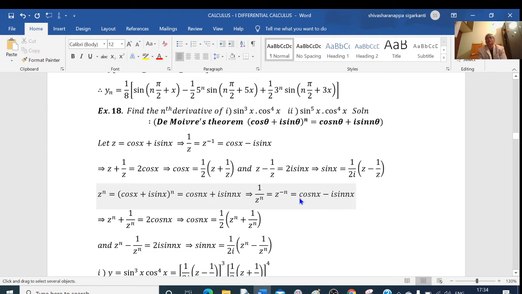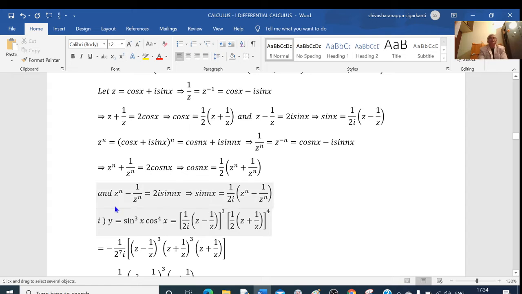So this becomes cos nx minus i sin nx. Now if I add these two, z to the n plus 1 by z to the n is cos nx plus cos nx, which is 2 cos nx, and the i sin nx gets cancelled. So cos nx can be written as 1 by 2 into (z to the n plus 1 by z to the n).